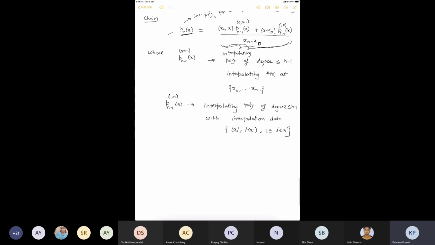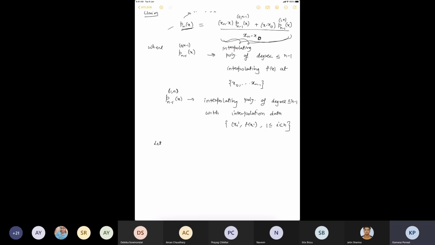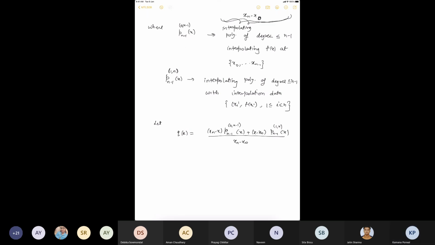So what suffices to prove is that if we define the right hand side by a new polynomial, let's define it to be q(x), and if we can show that q(x) is a polynomial of degree less than or equal to n which interpolates f(x) at the nodes x naught up to xn, then we are done, right?